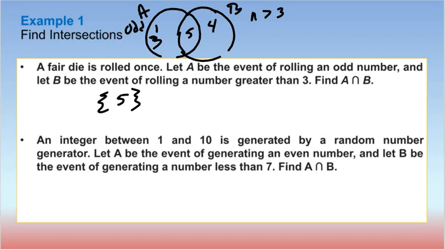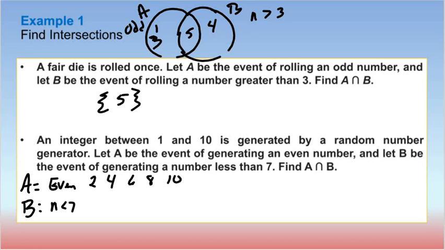Second one, an integer between 1 and 10 is generated by a random number generator. Let A be the event generating an even number. So I'll write that down. A is even, and B is the event of generating a number less than 7. So the even numbers between 1 and 10 would be 2, 4, 6, 8, and 10.